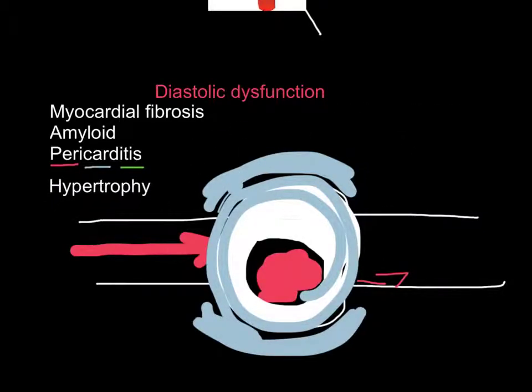So hypertrophy: we have hyper, more, and trophy, which is growth. So more growth of the muscle of the heart. And that happens when the heart is under a lot of stress from things like high blood pressure or damage to the heart from, again, the myocardial fibrosis or the diseases.